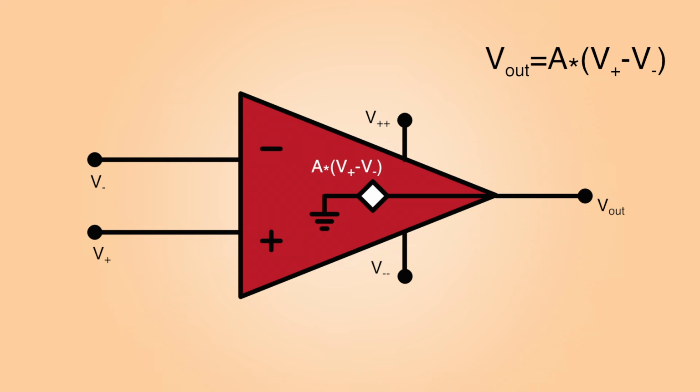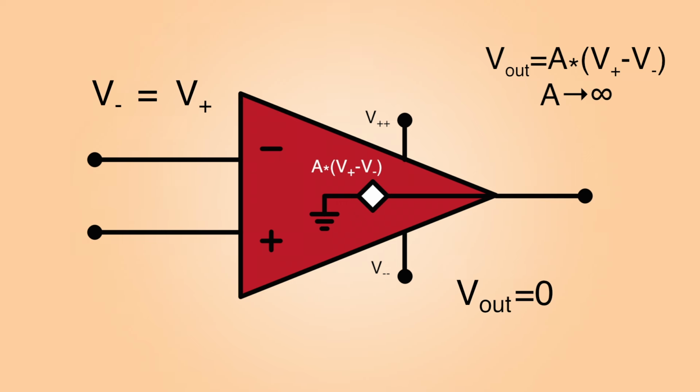If our rail voltages are now brought into the model, they're going to limit the output voltage. You can't have an output voltage that's bigger than either of the rail voltages. And so this is our first refinement of our idealized model, bringing these rail voltages into play.